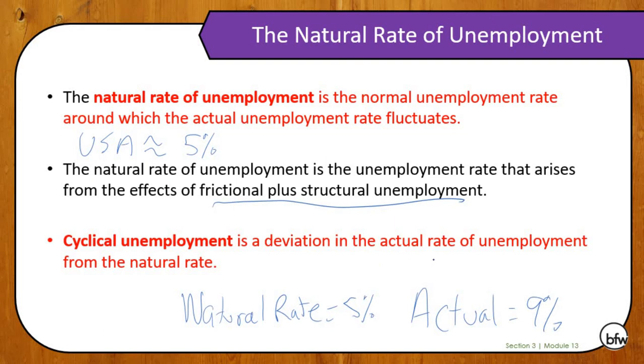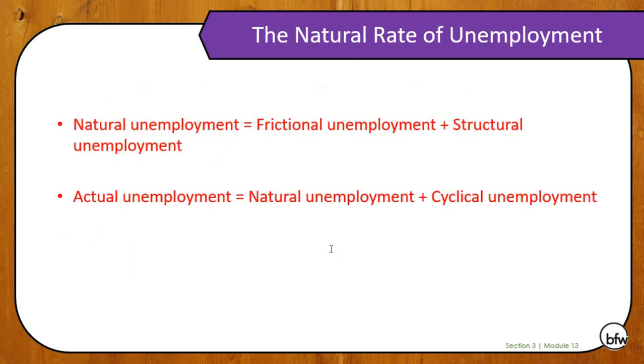Well, we would say that our cyclical would be 4%. All right, that's the number of people that are unemployed due to a recession. So the natural rate of unemployment, again, is frictional plus structural unemployment. The actual unemployment rate is the natural unemployment plus cyclical unemployment.